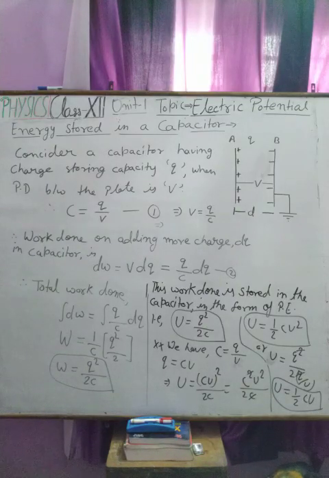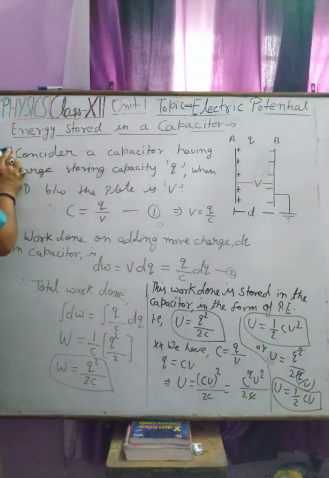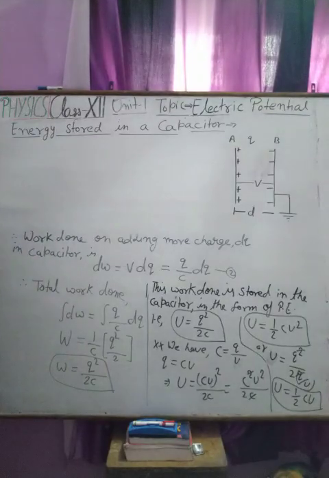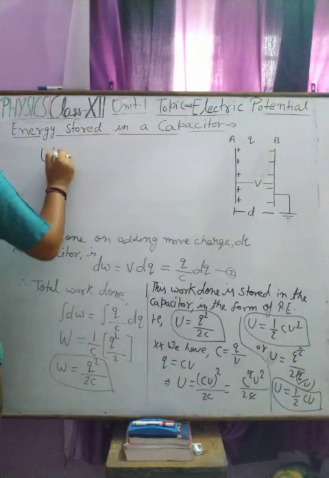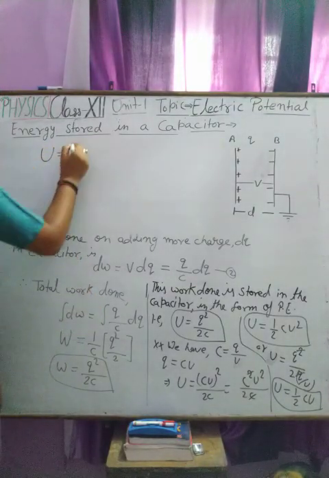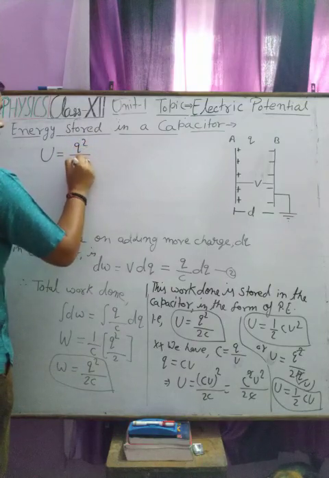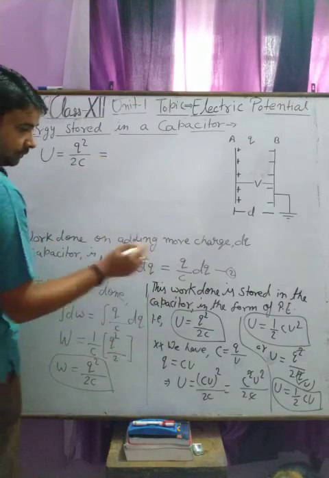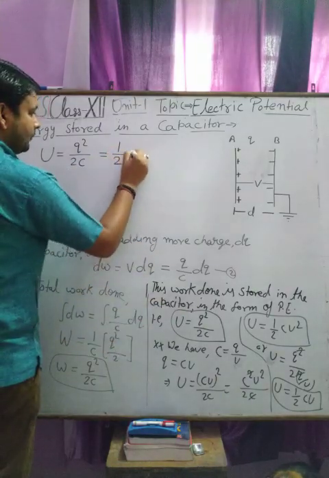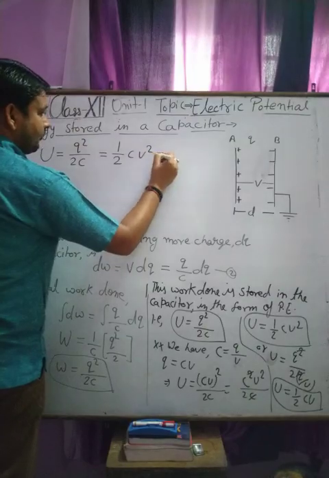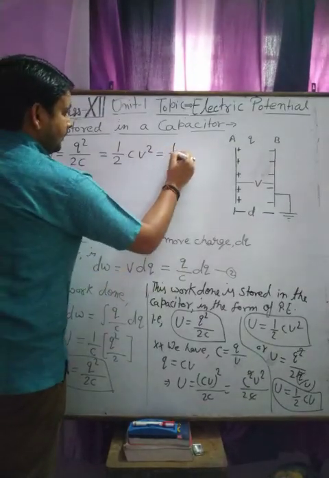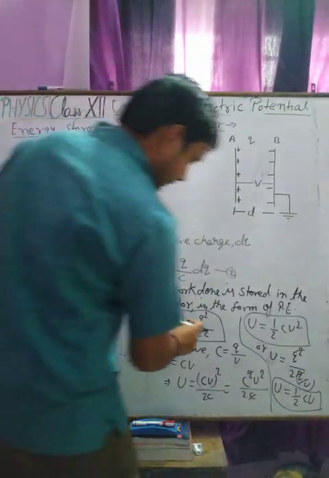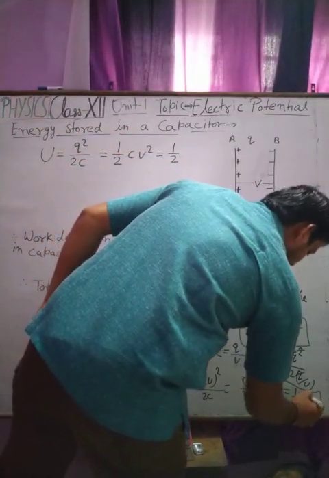Okay student, now we have the forms of the stored energy. The energy stored in capacitor is, first, Q square upon 2C, second, half CV square, and third one is half QV.